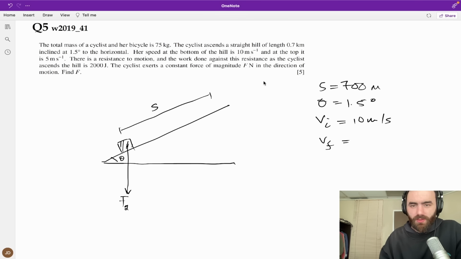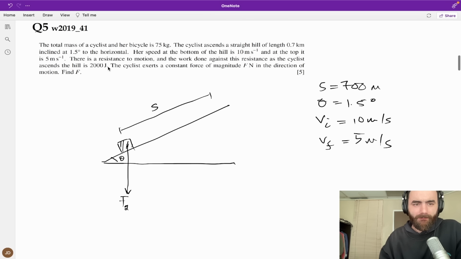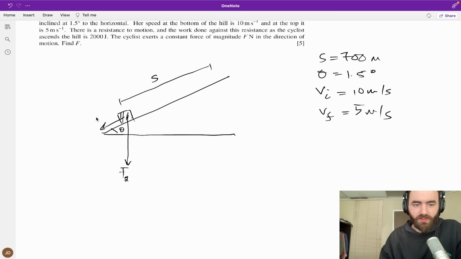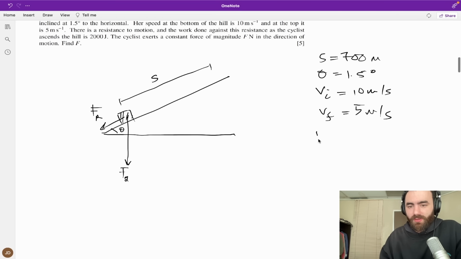Final speed is 5 meters per second. There's a resistance to the motion. So we have a resistance force, called Fr, to the motion. And the work done against this force is 2000 joules.